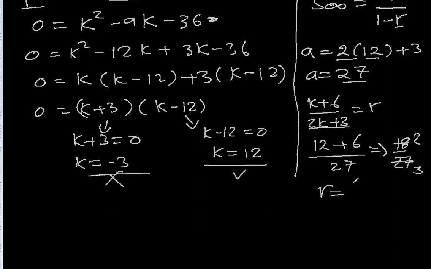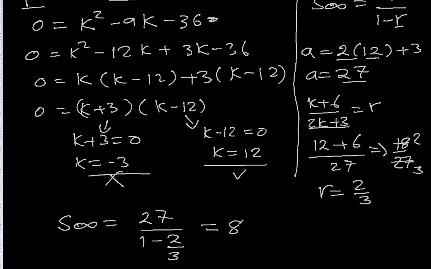R, the common ratio, is 2 over 3, and now we can find the sum to infinity: a over 1 minus r. A is 27, over 1 minus 2/3. You can straight away put this in a calculator and you will get 81 as the sum to infinity.